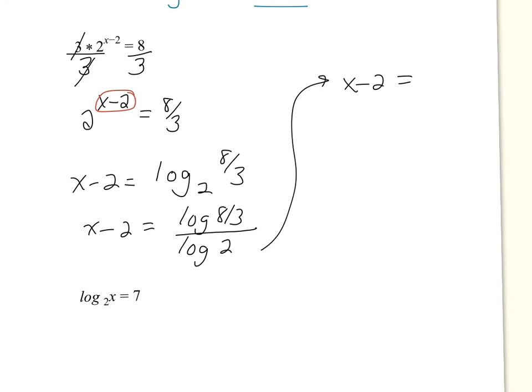So log of 8/3 divided by log of 2 is going to give me 1.415. And then to solve for x, I would simply add 2 to both sides. So x is going to be 3.415.